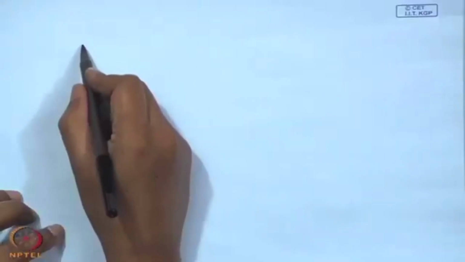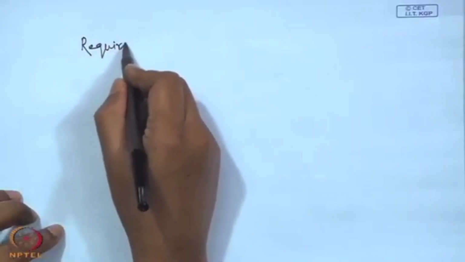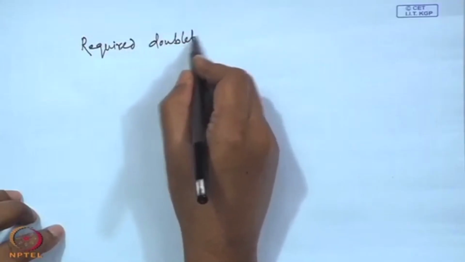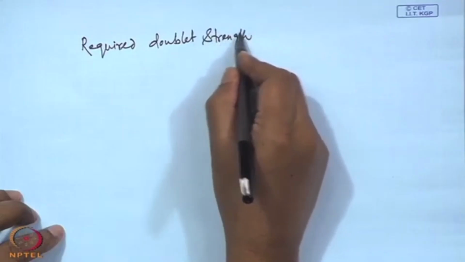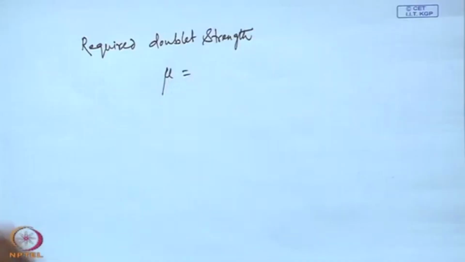The required doublet strength, how much? What is the relation? 2 pi r square q infinity.